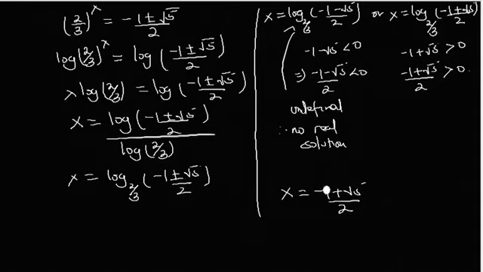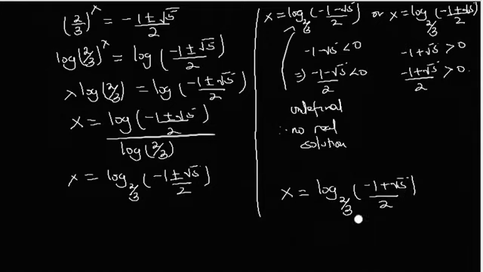And of course, we have log here. So x is equal to log base 2/3 of (-1 + √5) / 2.